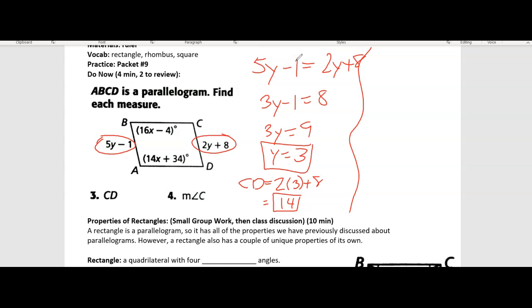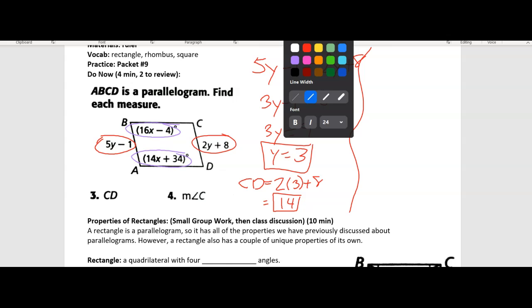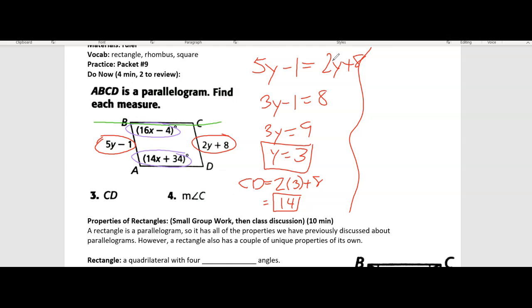Okay, let's take a look at these angle measurements. If it's a parallelogram, because we have these parallel segments, these two angles are consecutive interior angles. The shortcut is just saying consecutive angles in a parallelogram are supplementary, but this is the reason why.